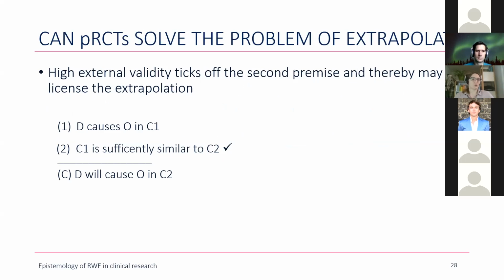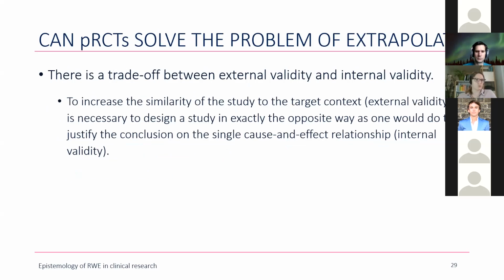So, looking back at our inference scheme, it looks like external validity of a pragmatic trial ticks off the second premise and thereby licenses the extrapolation. However, there's another problem coming in, which I will now elaborate briefly.